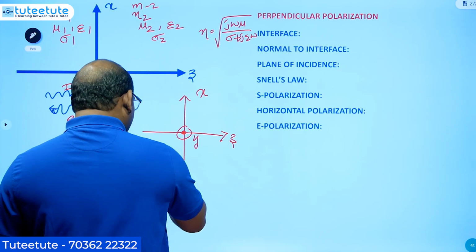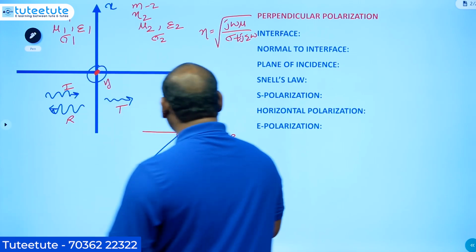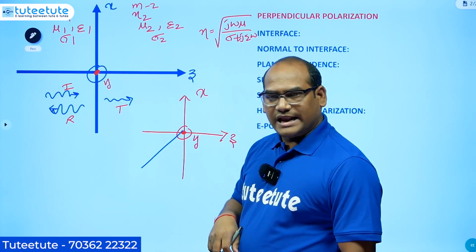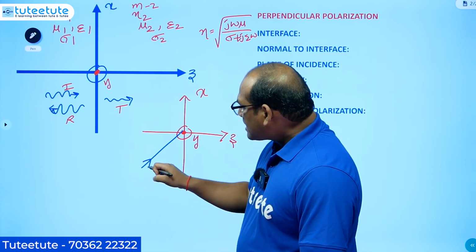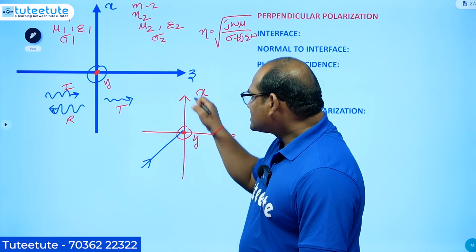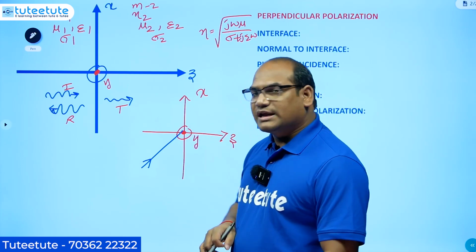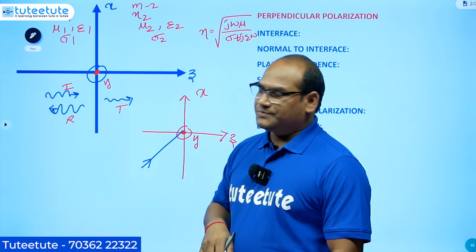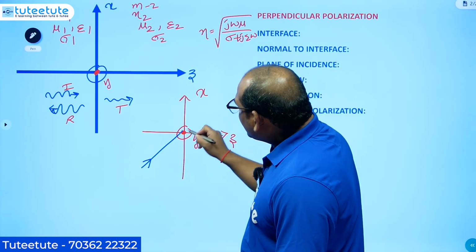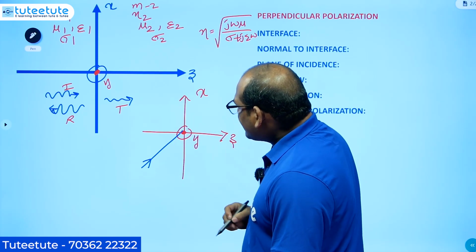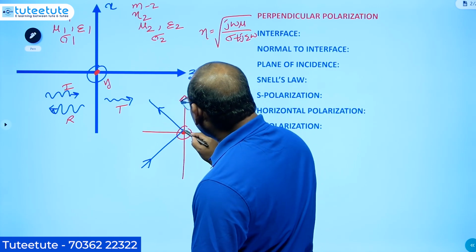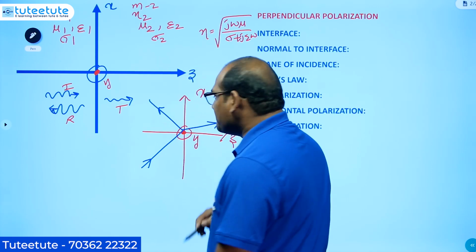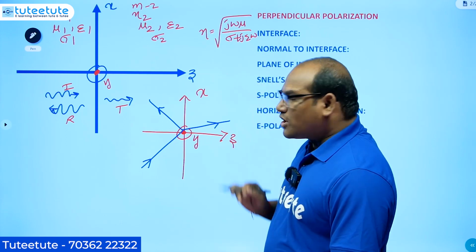Now the electromagnetic wave is incident on this boundary like this, traveling in medium 1 and striking the boundary at the origin. Then, because of the impedance mismatch, as I said earlier, some part of the wave is reflected back and the remaining part is transmitted into medium 2, like this.